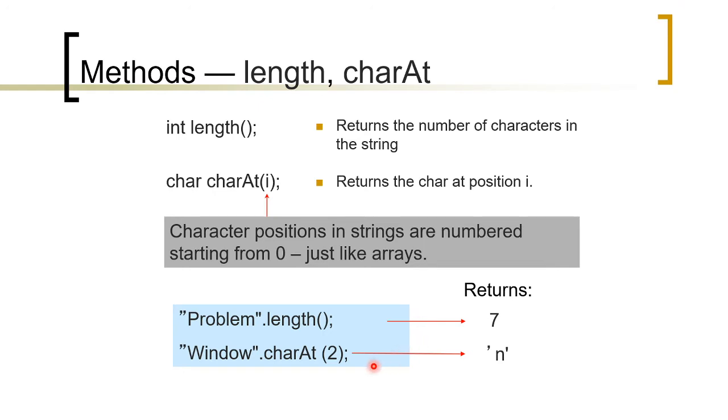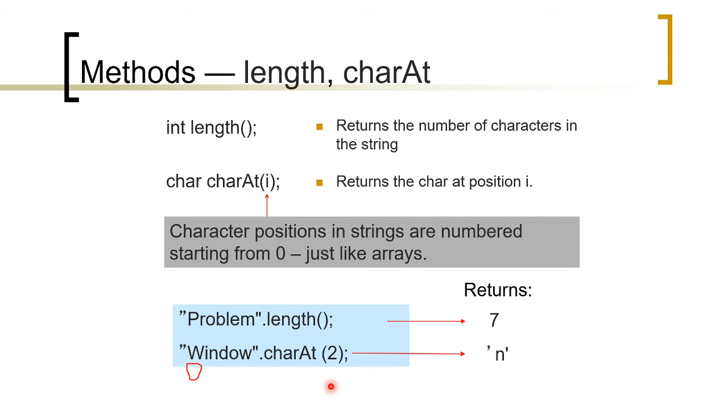Okay. Then we do have window.charAt(2). Always remember that the index of a string literal always starts with 0. So that means for W, its index is 0. Okay?